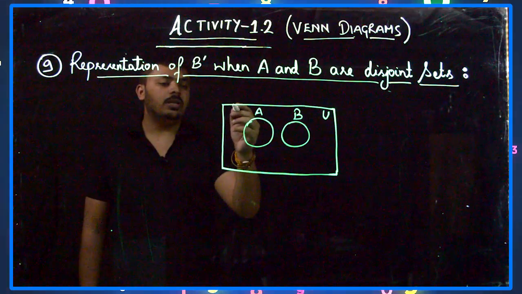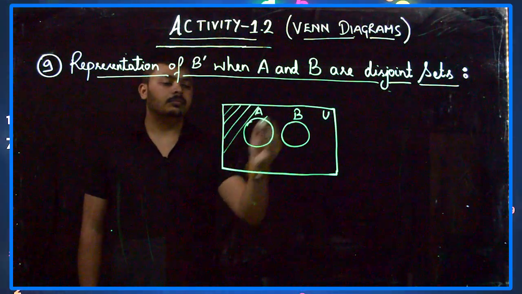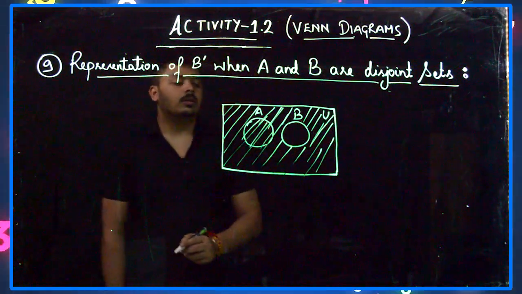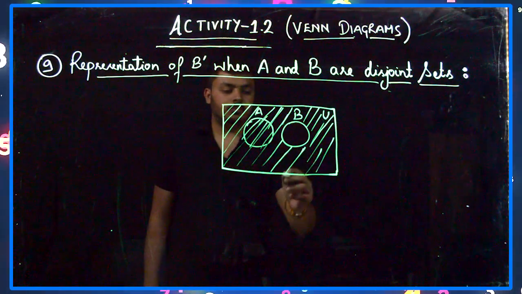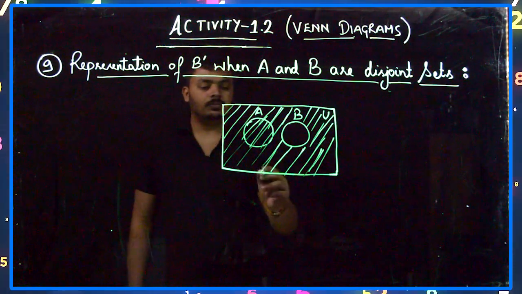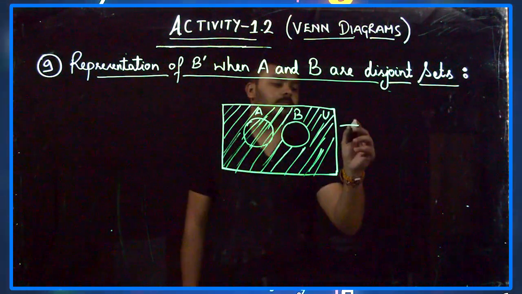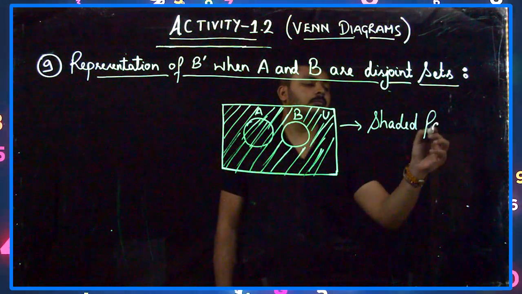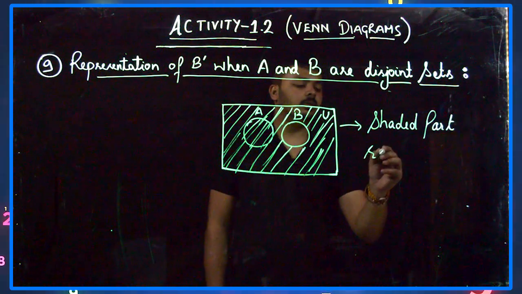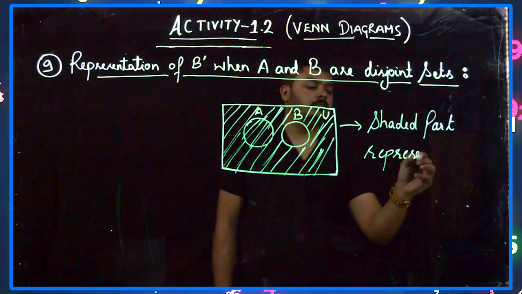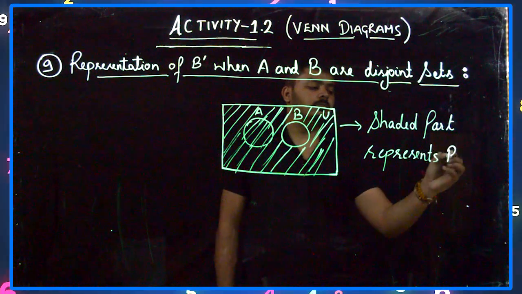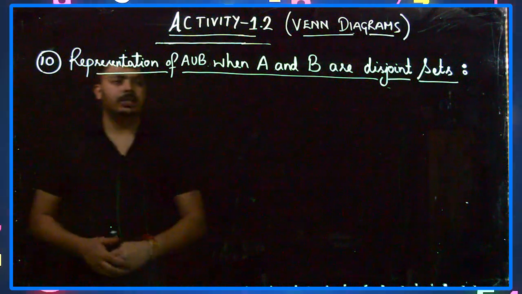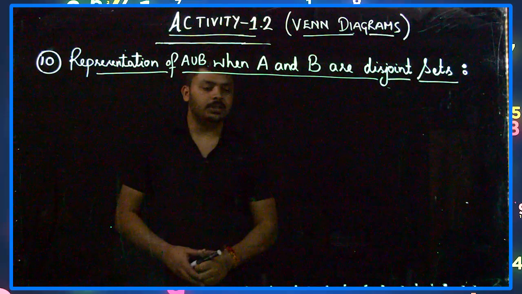Then except B, all the elements of the universal set is called B complement. So this shaded part represents B complement.